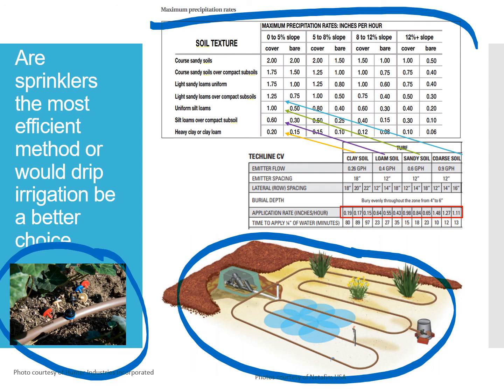And below here, we show on this chart various different precipitation rates and the type of soils that they're compatible with. So you see that some of the math has already been done for you, and once you have your soil type figured out, then it's much easier to decide which type of tubing, emitter rate, lateral row spacings, and application rates will be a little bit easier to pick out.